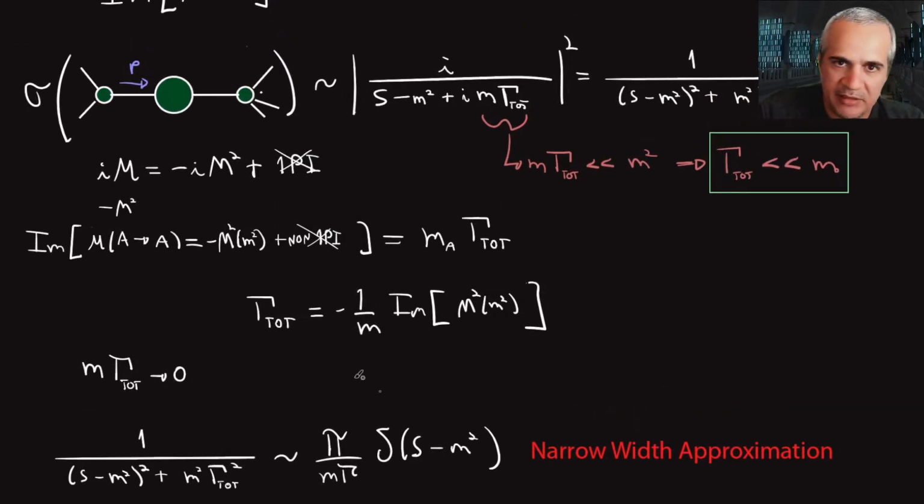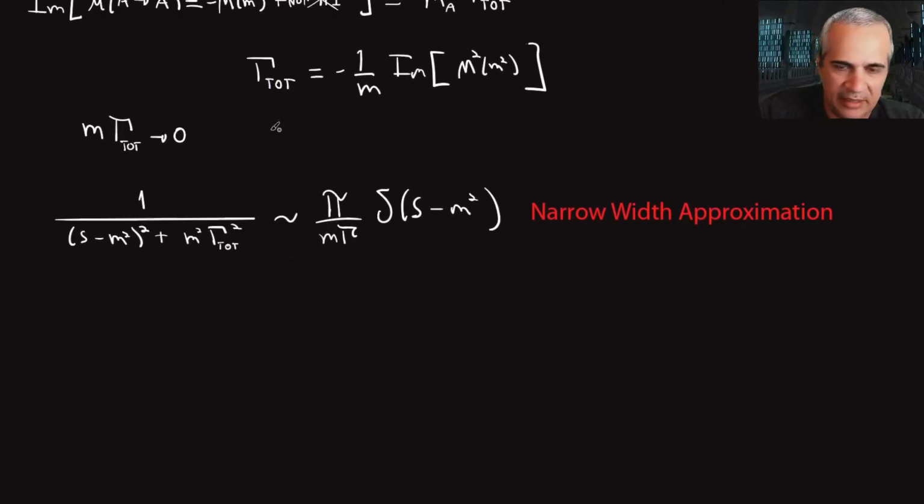Let me copy this diagram just to make that clear. What happens is that essentially for particles that satisfy this, you're imposing an on-shell intermediate state. So in a diagram like this, something happens, this guy is produced, and then it decays.